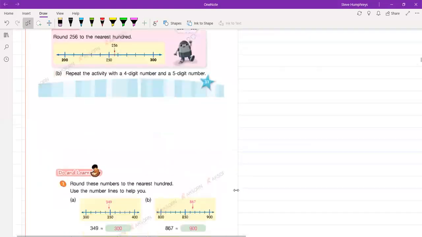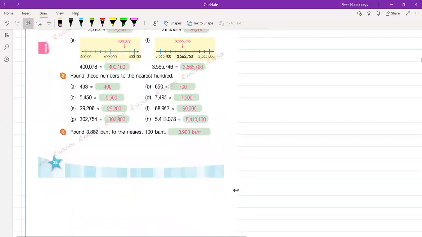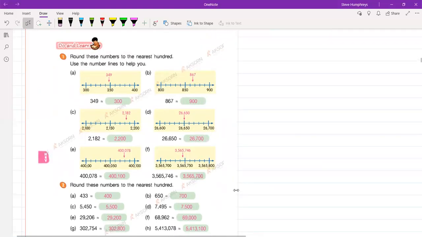Okay, let's go and try some examples. Page 32. Okay, first one, we're rounding to the nearest 100, so we need to look at the last two digits.